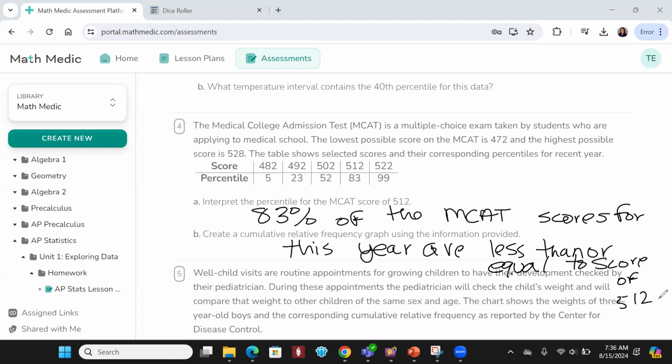When you say interpret, you state the number, you put context. So what are we talking about? And then if we're talking about percentile, we're going to say less than or equal to whatever the score that they gave us. Okay, don't mess up the interpret part. It's what you already know. You just have to make it blatantly obvious.